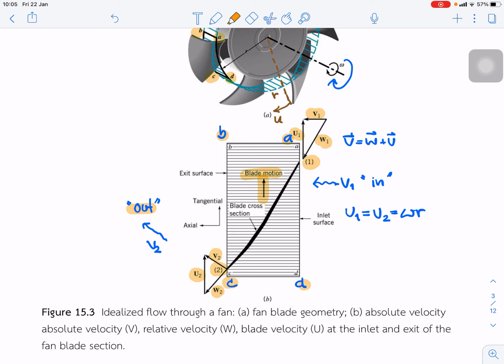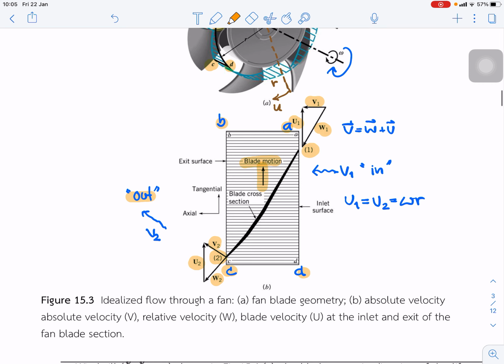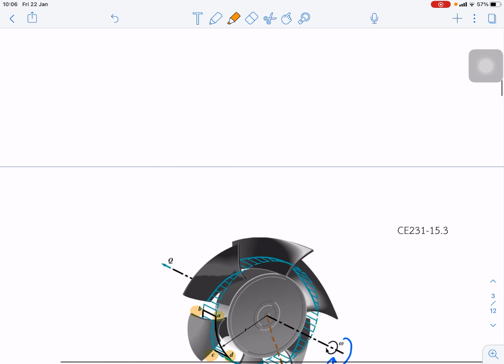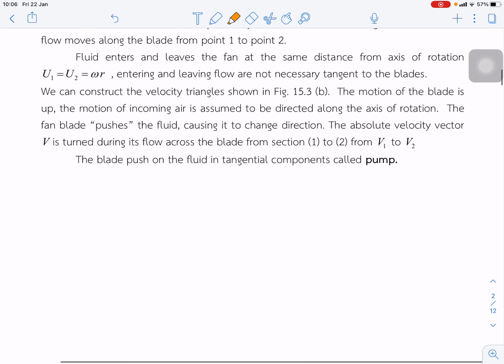In this case, the blade pushes the fluid and causes it to change direction. The absolute velocity vector V is turned during its flow across the blade. In conclusion, the blade pushes on the fluid's tangential component, so we call it a pump.